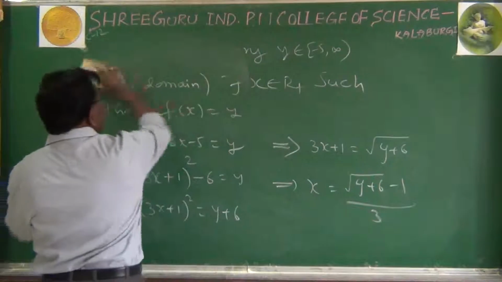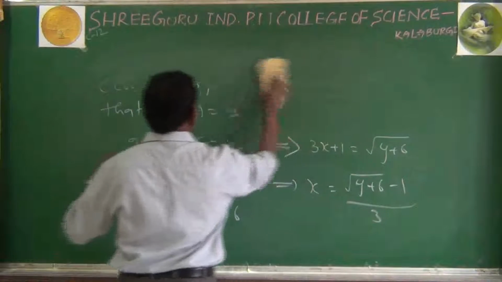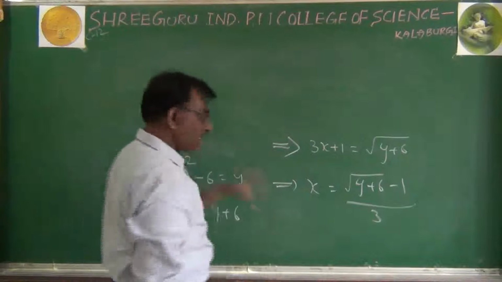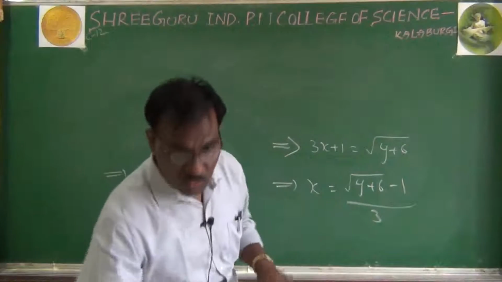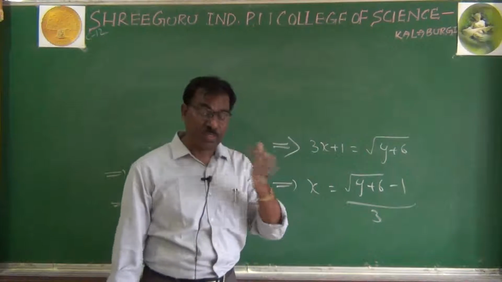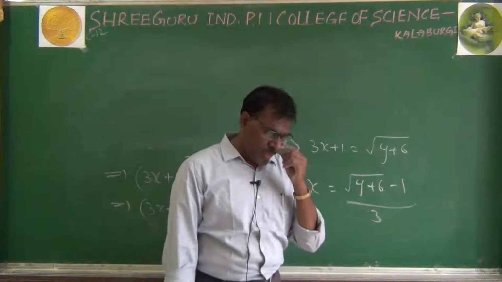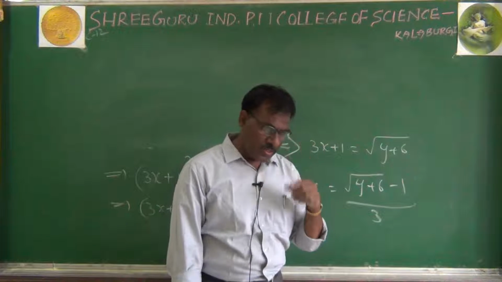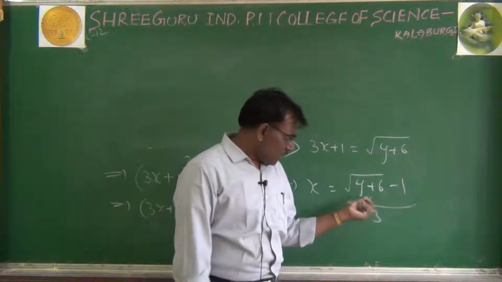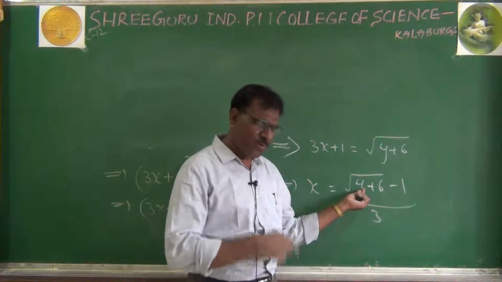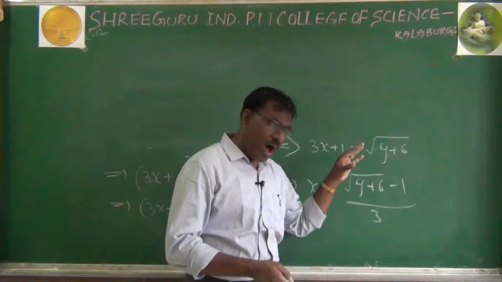I am repeating many times. Some students don't understand how to write onto. Don't worry. You know y is greater than minus 5. You take greater than minus 5: minus 4, minus 3, and so on.